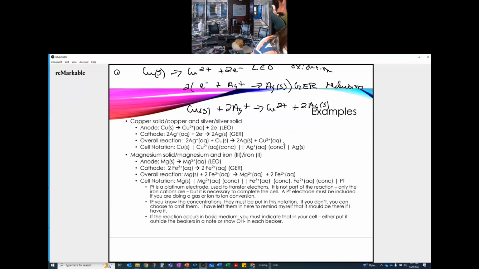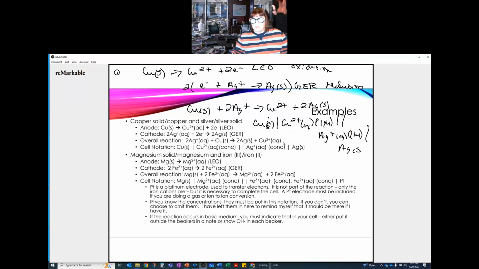And of course, the cell notation for that would be the Cu solid, and Cu2+, aqueous, and we assume it's 1 molar. There's a phase boundary to the Ag+, which is aqueous, 1 molar, and then the Ag solid.